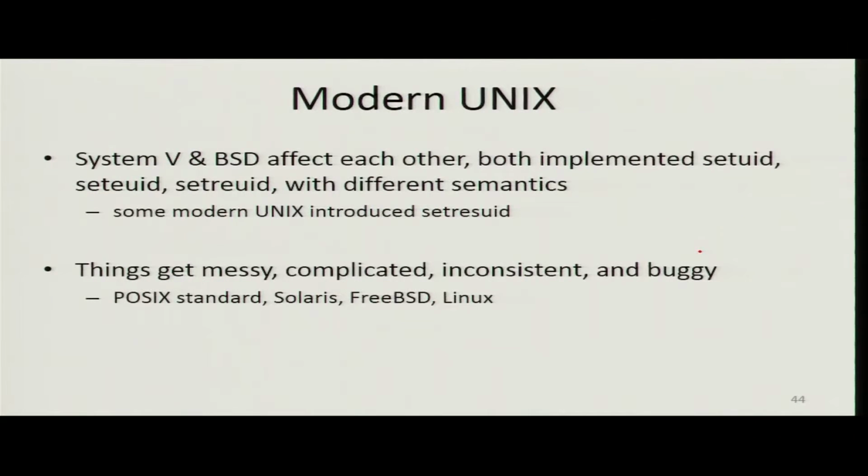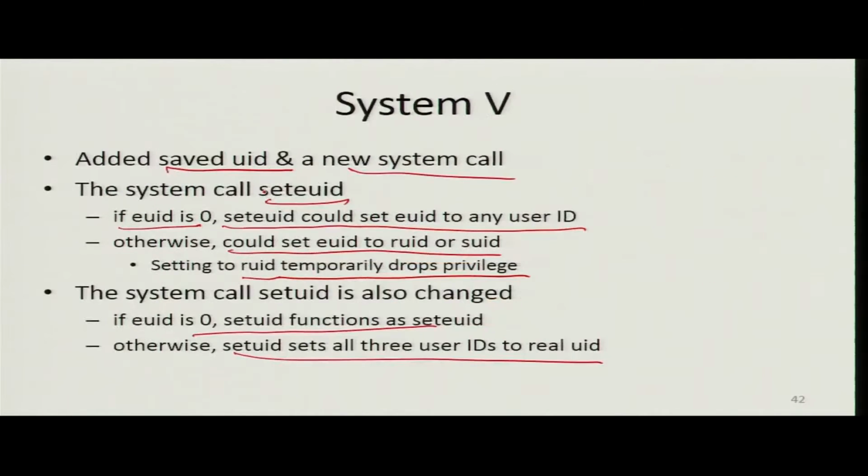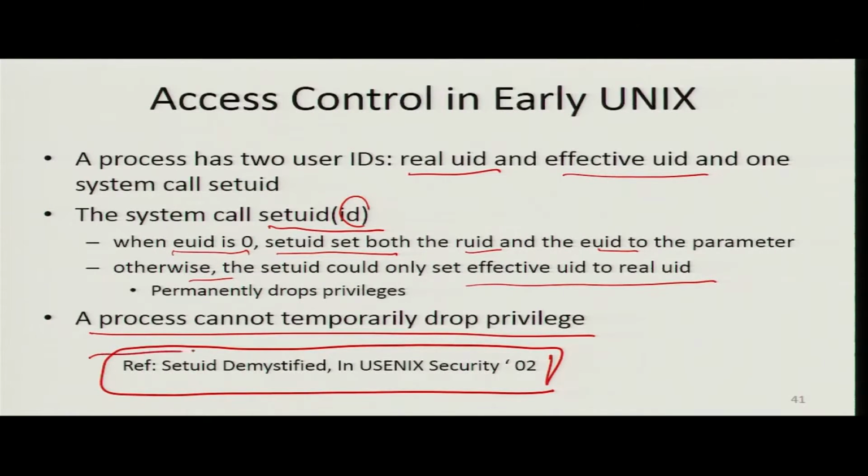So, modern Unix actually combines these ideas, and it has multiple different calls: setuid, seteuid, setreuid, and some systems also have setresuid and so on. And this paper that I just mentioned and will be posting talks about that, and says that the semantics of these different system calls was not formalized until they did it in 2002, and therefore there was a lot of confusion in the implementation and use of these system calls.